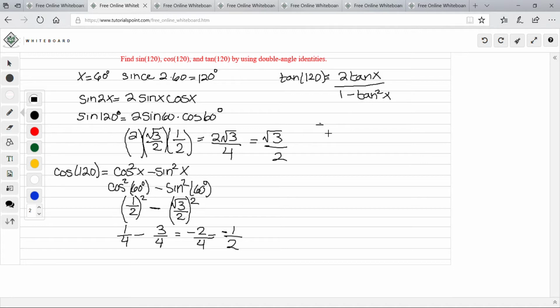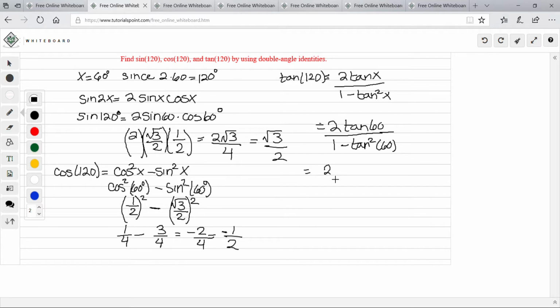So we just got to plug in our x. So 2 tangent of 60 degrees over 1 minus tangent square of 60 degrees. So let's simplify this. So tangent of 60 degrees.